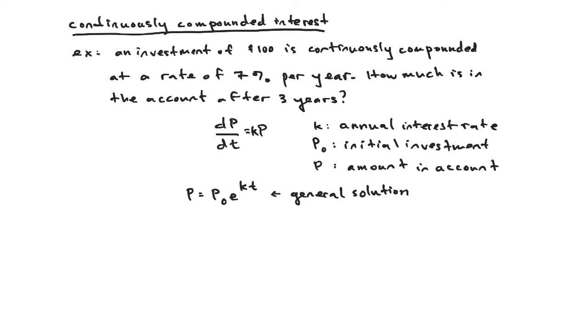So this annual interest rate we'll write as a decimal. And P naught, which is our initial investment, is $100. So what I can do is say that P is equal to P naught, which is $100, times e to the 0.07t. I could have written my original equation as dp/dt equals 0.07p.